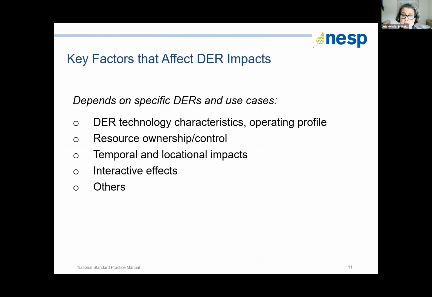And then we won't be getting into this today, but it becomes more and more of an issue around analyzing BCA for DERs, looking at those technology characteristics and these types of factors that I mentioned again on Monday, but just reminding you that this type of information and some guidance is provided in the NSPM.